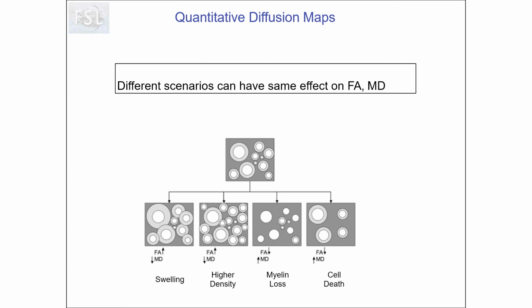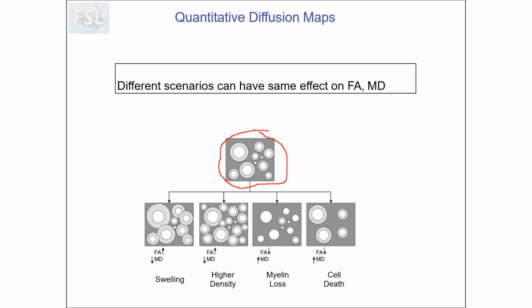So again, here's another way to look at it. If this is normal for a patient, then you can have an increased FA, decreased mean diffusivity. That might just be some sort of swelling, where we get swelling of the cells within the area.